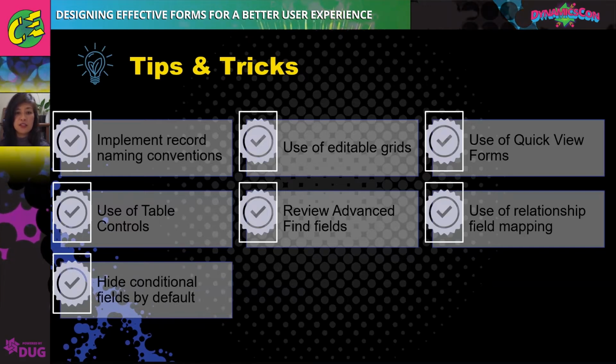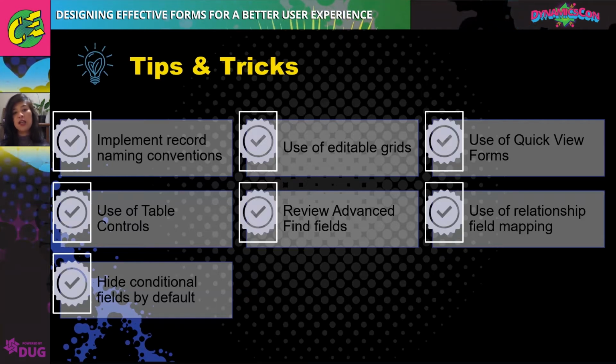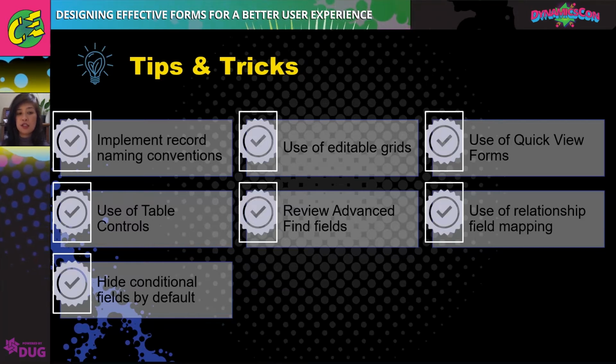Next one, hide conditional fields by default. Now, remember earlier in one of our good design considerations that, when creating smart forms, if we do business rules to show and hide fields, it is a good idea to hide the field by default.